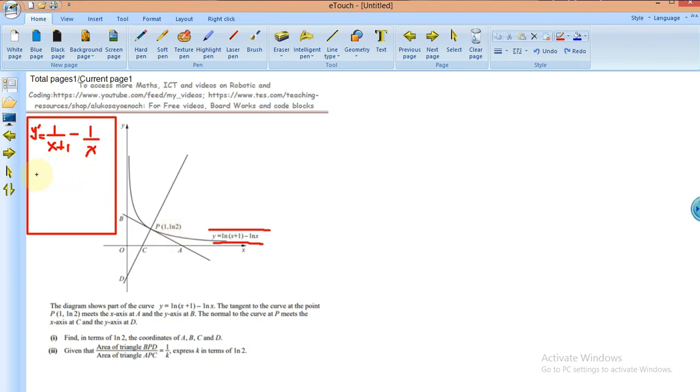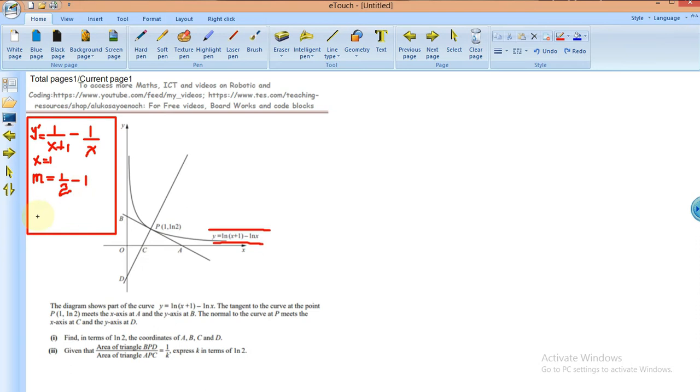Now at point P equals 1 comma ln 2, so to get the exact value of the gradient, just substitute the value of x. When x equals 1, your gradient will be 1 over 1 plus 1, which is 1 over 2, minus 1 over 1, that's 1.